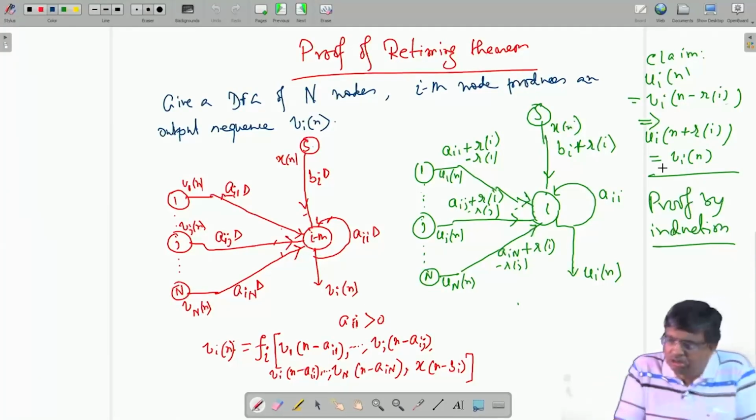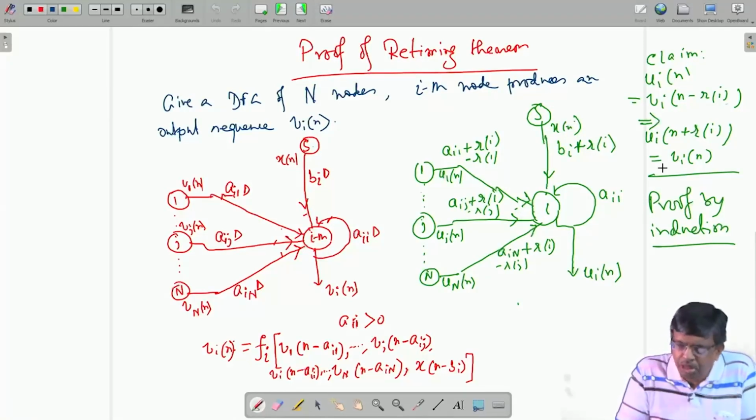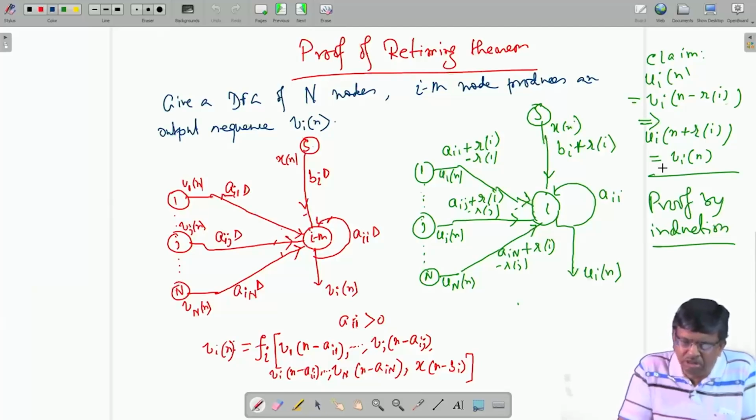Now, here what is Ui[n]? I will go to a new page, so just take a look, because there the diagram will not be there. Ui[n] will be nothing but something similar, because the node has not changed, so it will be function Fi, like Vi[n], but instead of V1 it will be U1, and the delay will change. Earlier I had Ai1, so Ai1 has been changed to Ai1 plus r(i) minus r(1).